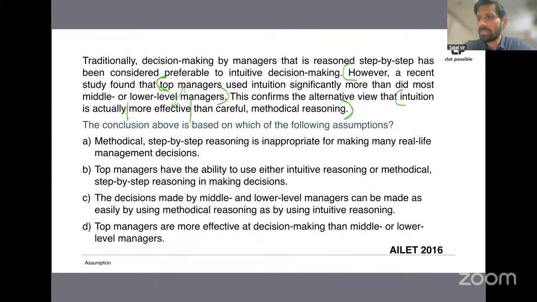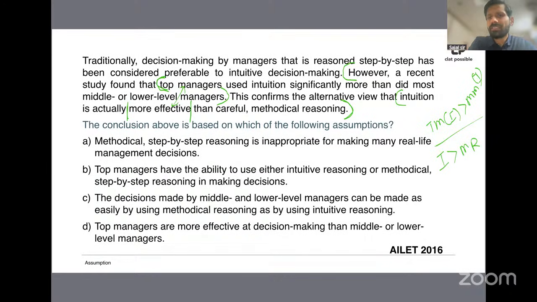Right. So, based on the fact that top managers use intuition more than middle managers use intuition, the conclusion drawn is intuition is better than methodical reasoning, right?